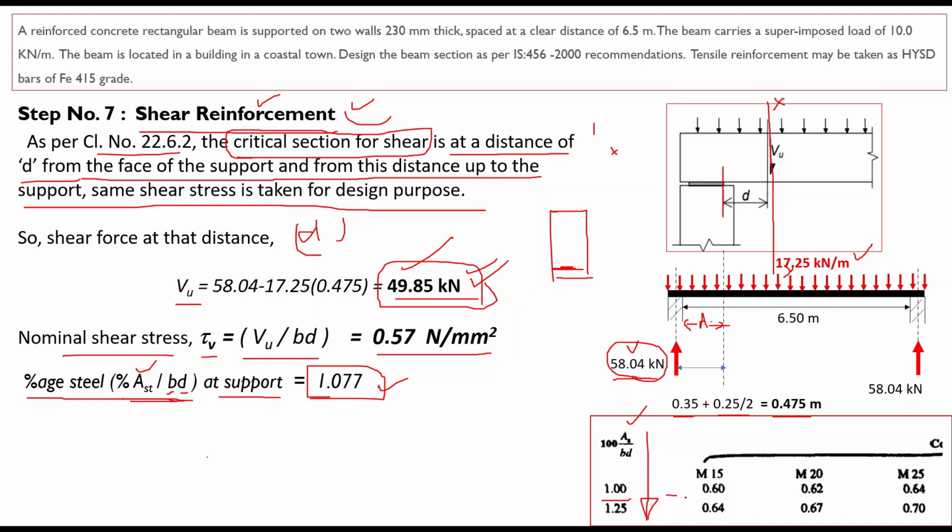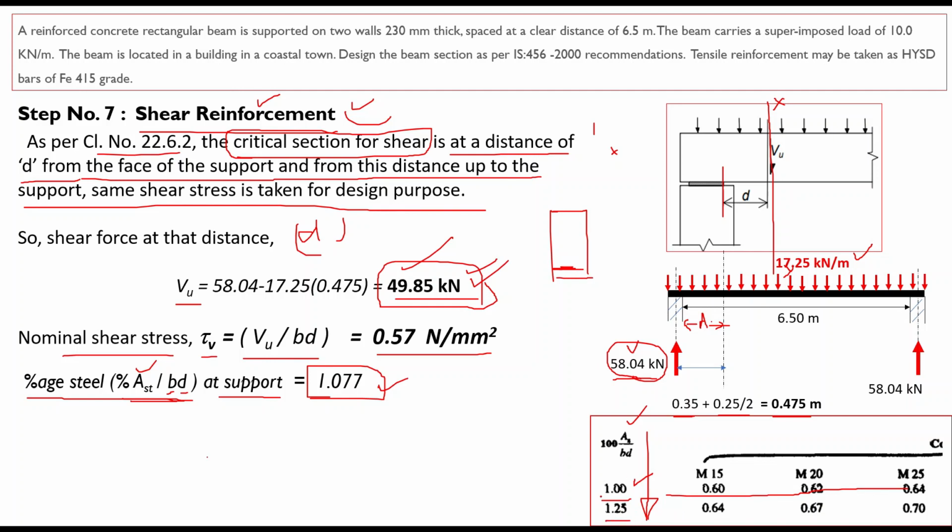Based on the grade of concrete, which is M25, you can find out the value of the shear stress for 1% steel and 1.25% steel.